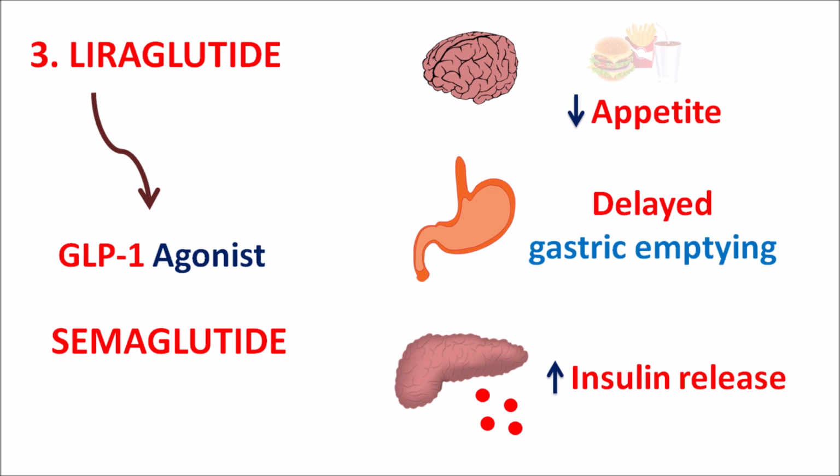By all of these actions, liraglutide and semaglutide can control the body weight as well as elevated levels of glucose within the body. That's why these drugs can be used as both anti-diabetic agents as well as to control overweight in patients. So in those patients who have excessive glucose levels along with a BMI greater than 30 kg per square meter, these drugs can be used to control the body weight.